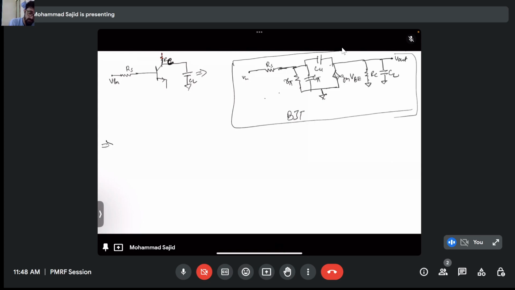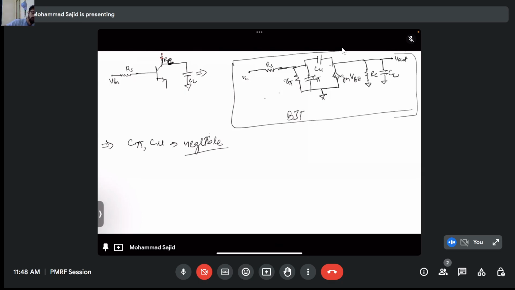So the question says that C pi and C mu are negligible. What we can do is ignore these capacitors in our analysis because they won't act as a short at any frequency.